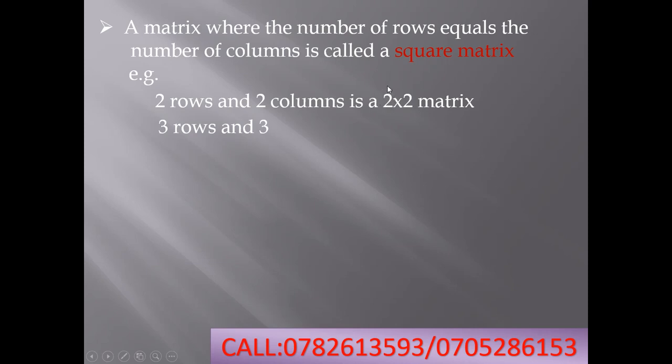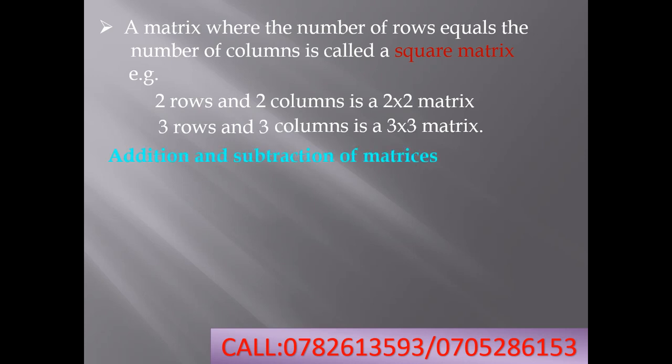Why? The number of rows and the number of columns are equal. If a matrix has 3 rows and 3 columns, then we call it a 3 by 3 matrix. Now these are square matrices. Why? The number of rows and the number of columns are the same.